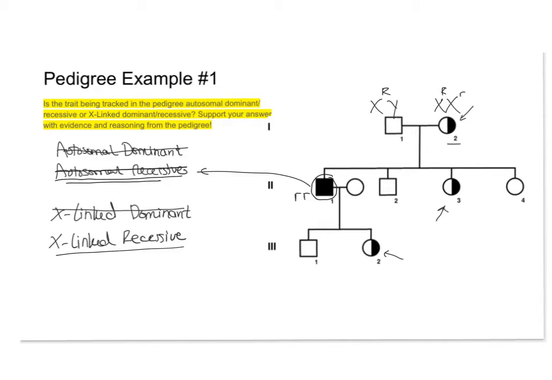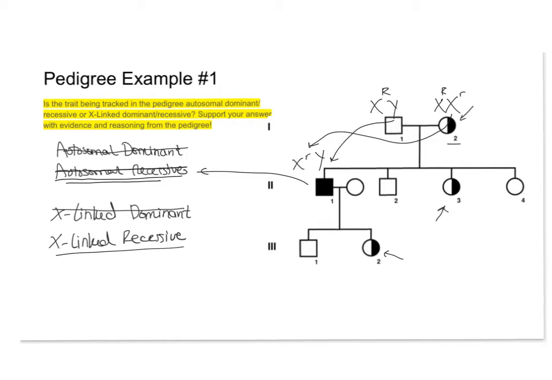Then, looking at this son, is that now possible? Well, we know that the son is going to inherit his Y chromosome from dad and must have inherited the recessive allele from mom. So that checks out, that's possible.